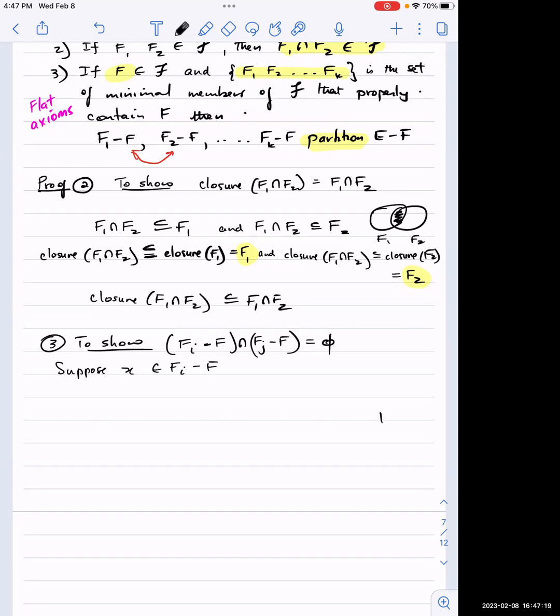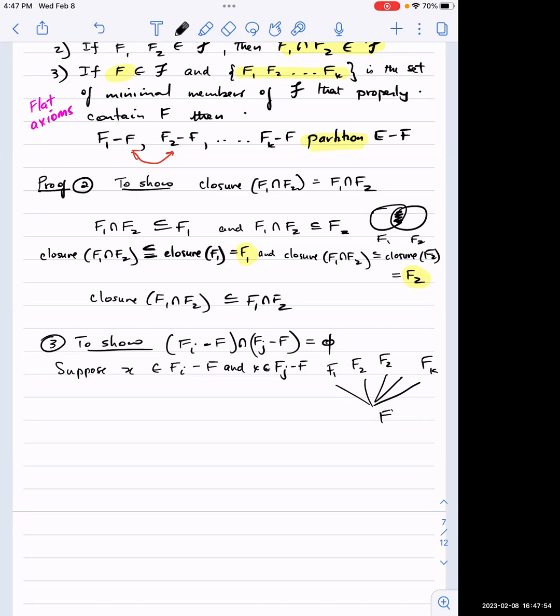So a picture would be like this: this is F, and you have all these minimal non-empty flats containing F. So suppose there's an X in Fi minus F, and X in Fj minus F. So there's a member in F1 minus F and F2 minus F, for example.